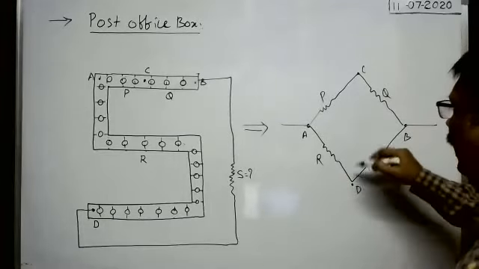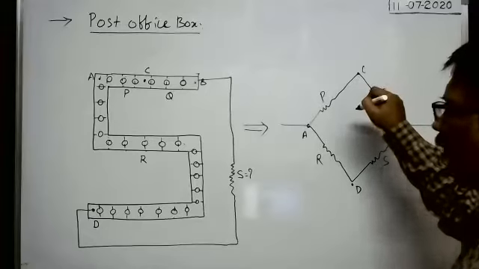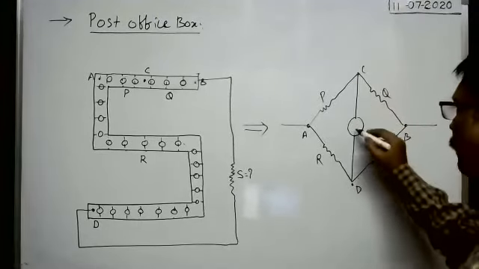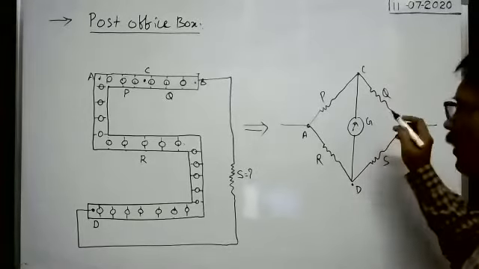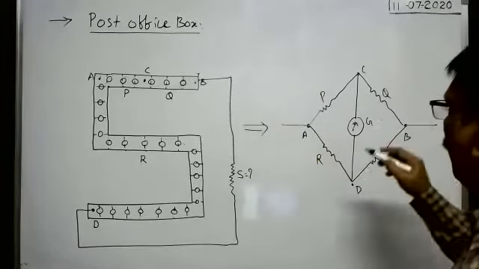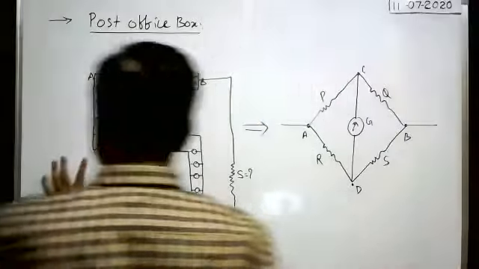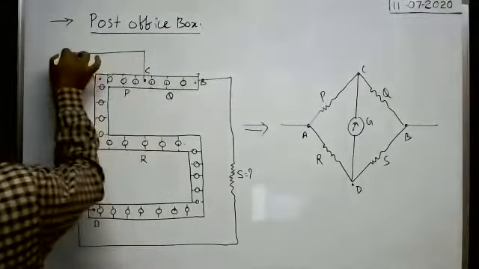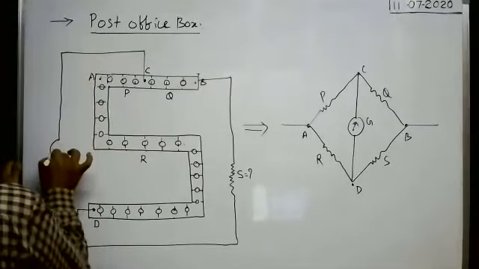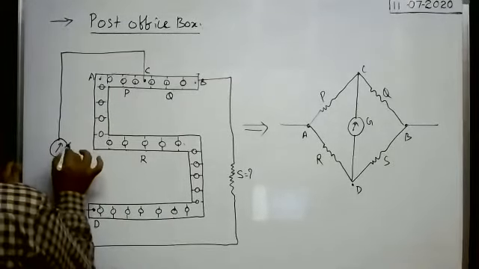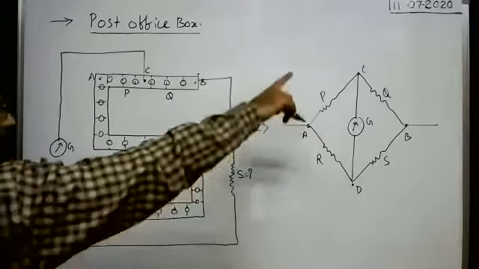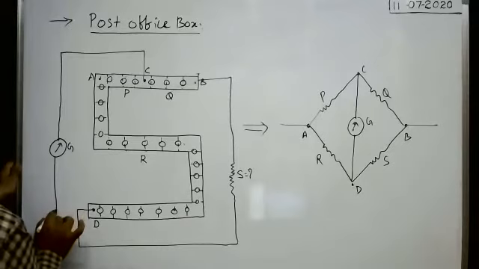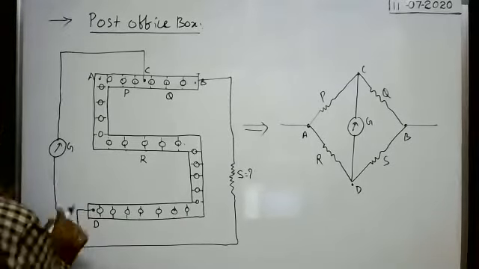Between C and D, a galvanometer is to be connected. The galvanometer offers resistance G. So between C and D, you connect the galvanometer.